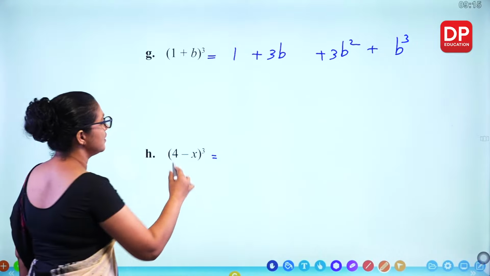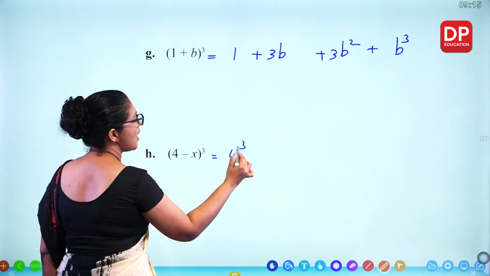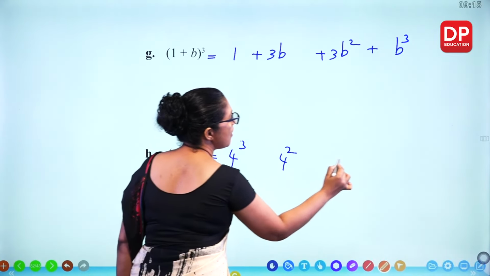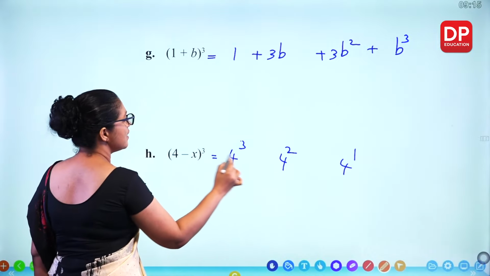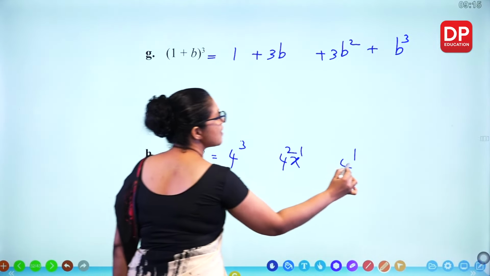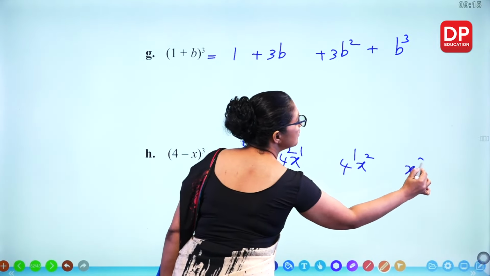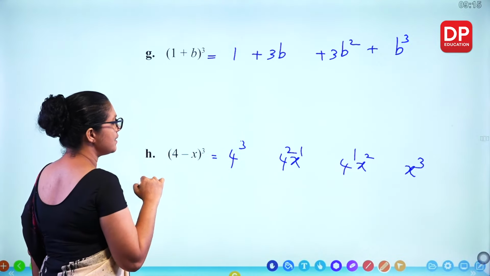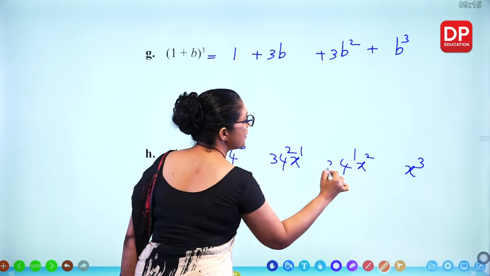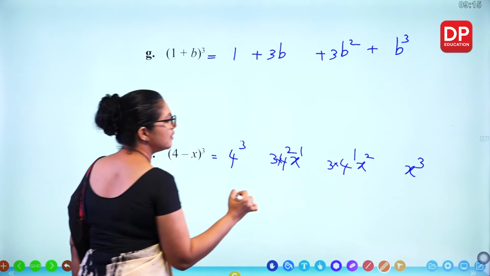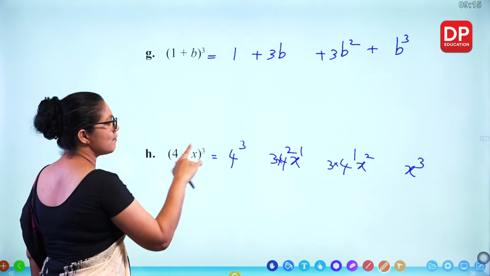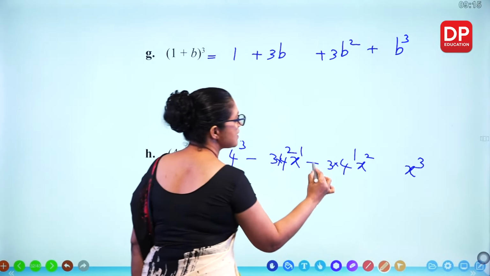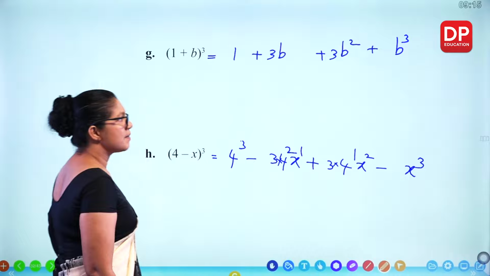This one, there's a number. So here you have to start from power 3, power 2, power 1. X starting from this, power increases. And then you put 3 here, and the sign. First term plus, second term minus, third term plus, last term minus.